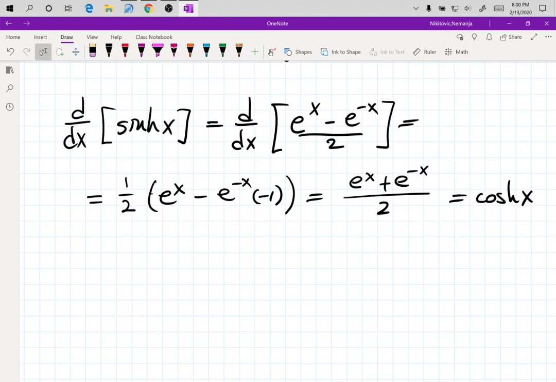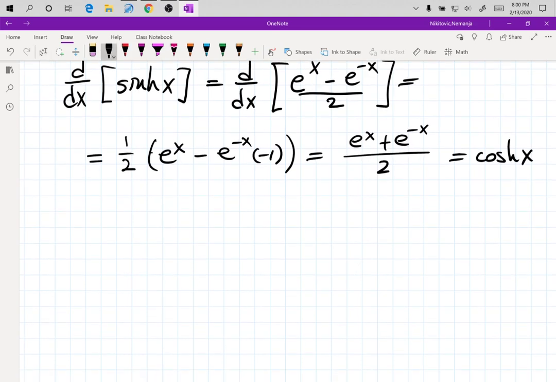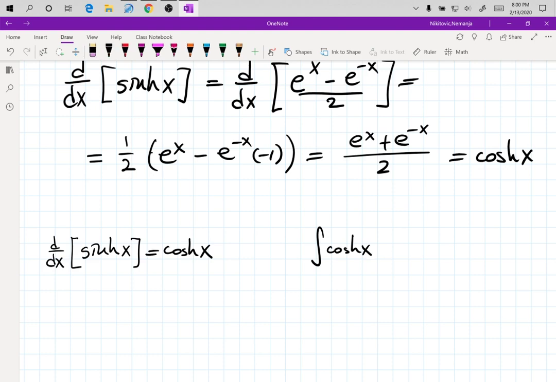So now I am going to write immediately the 6 derivatives on the left and the 6 integrals, because they're just backwards, and then we can do some of the problems there. Derivative of sine hyperbolic x is cosine hyperbolic x, which means that the integral of cosine hyperbolic x dx is sine hyperbolic x plus c.